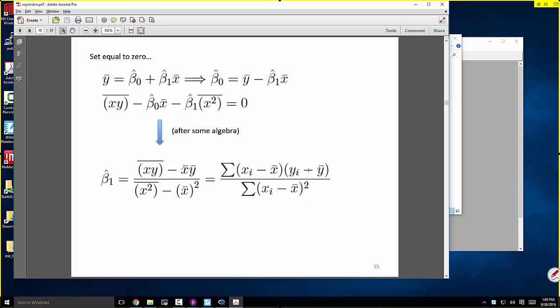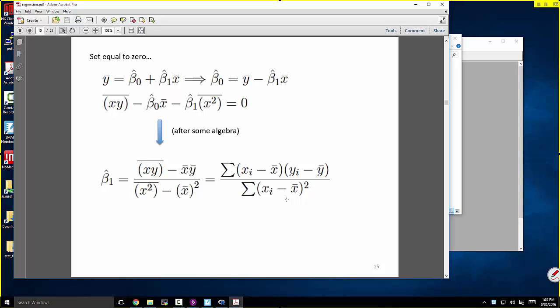So beta 1 hat will tend to increase away from 0, get big positive or big negative, when y and x are correlated with each other. If they're positively correlated, beta 1 hat will be big, positive. If they're negatively correlated, beta 1 hat will be negative. And then the magnitude of it is further affected by how variable the x's are.